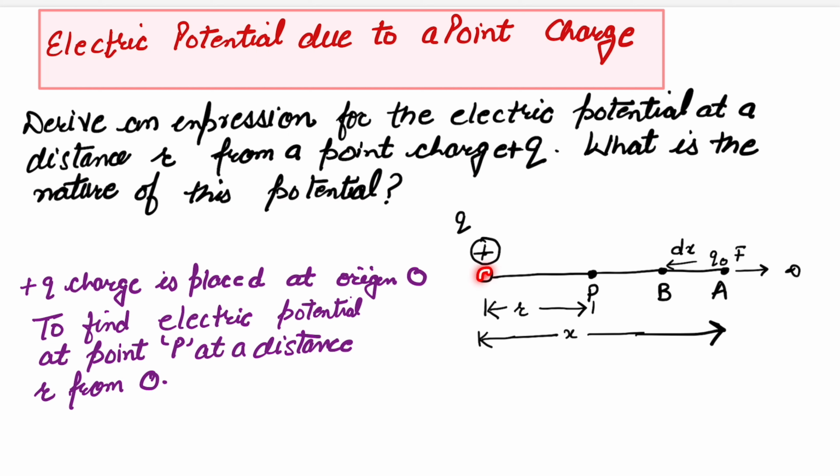For that, we take a point O where we have mounted our charge plus q. P is the point at which we want to calculate the electric potential.